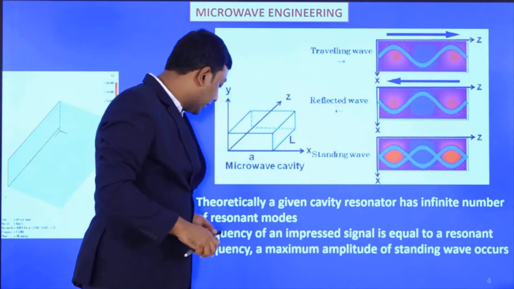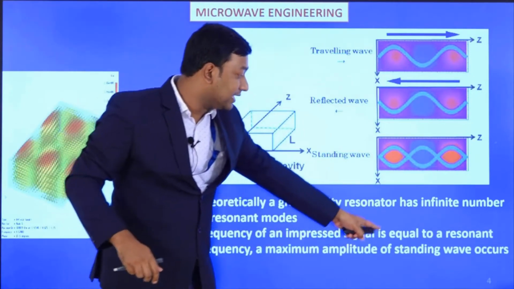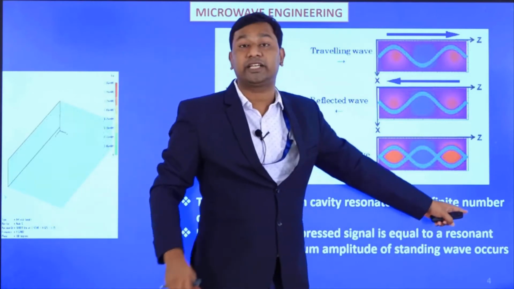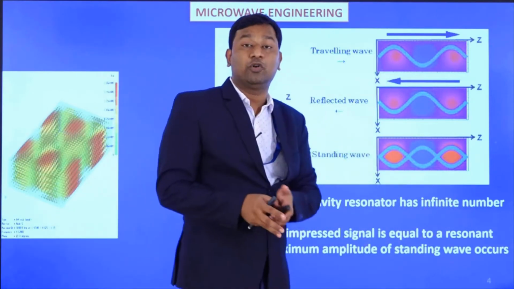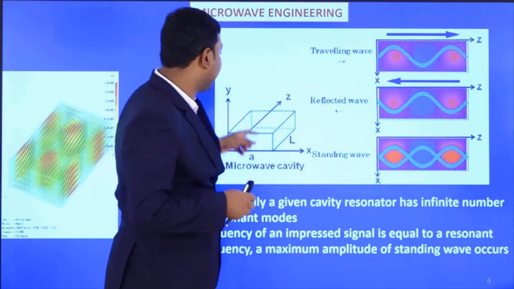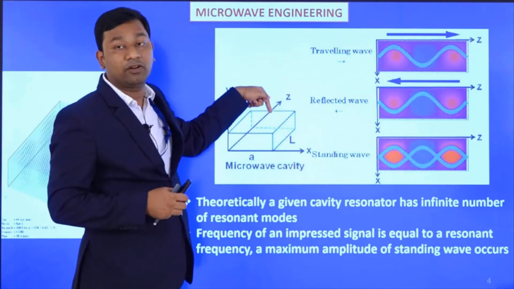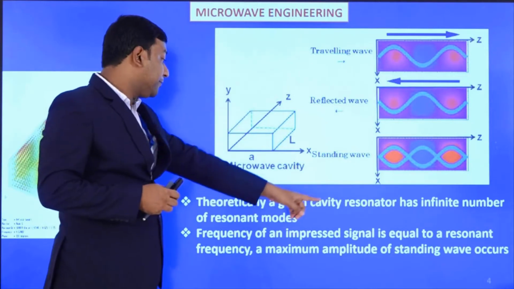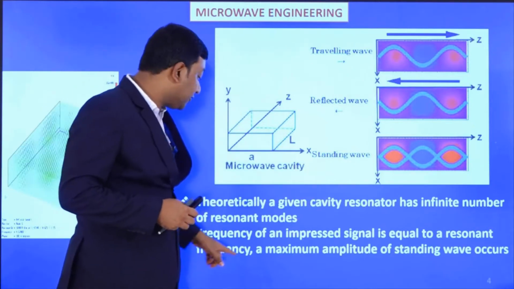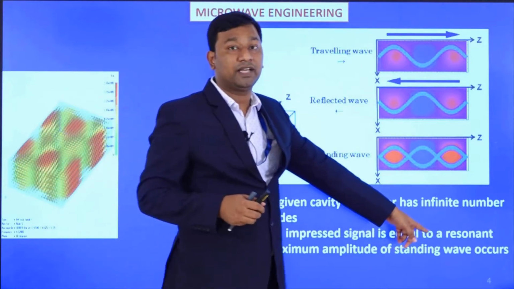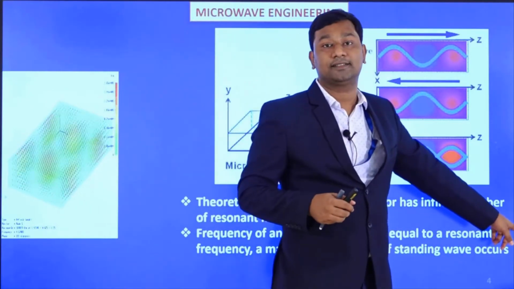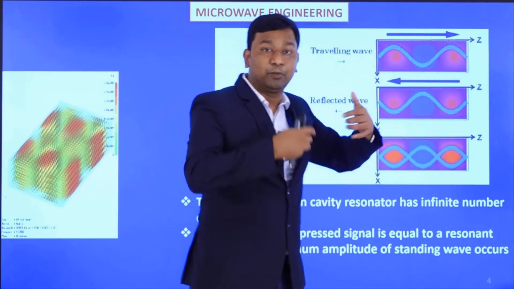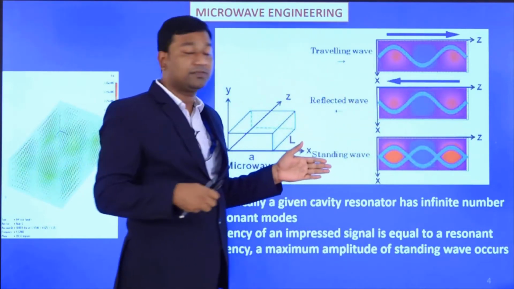When the frequency of the impressed signal is equal to a resonant frequency, the maximum amplitude of the standing wave will occur. The signal inserted in the rectangular cavity resonator, the impressed signal, being equal to the resonant frequency, gives the maximum amplitude of the standing wave.